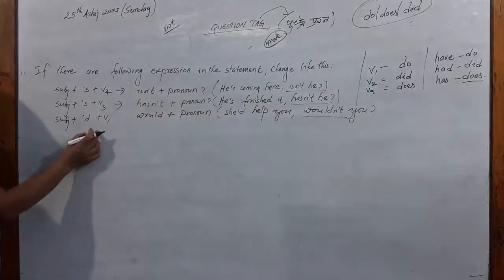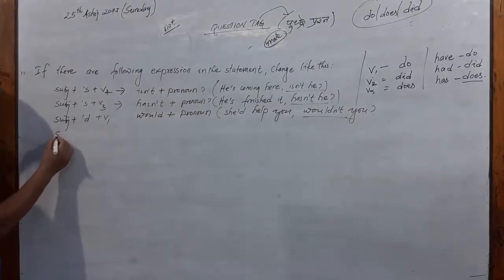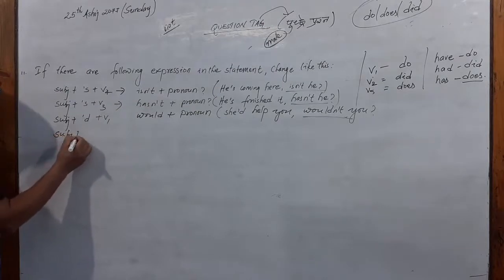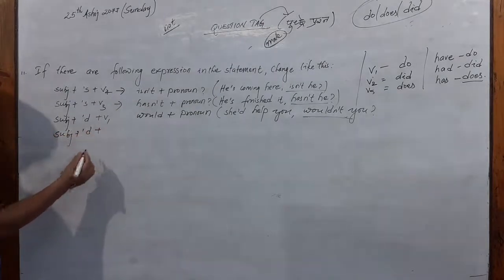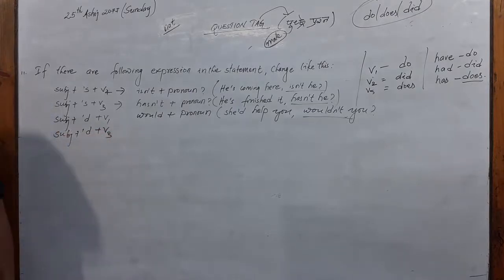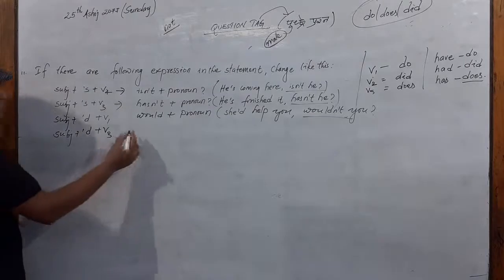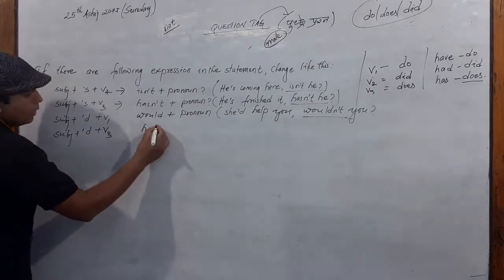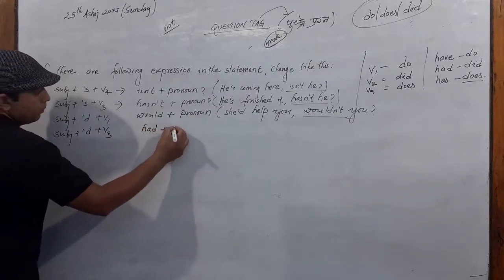Now a similar type of expression will be there. Subject plus apostrophe D plus, but not verb 1. If there is verb 3, remember there is always has or had before verb 3. So if verb 3 is there, then it is not would, it is had plus pronoun.